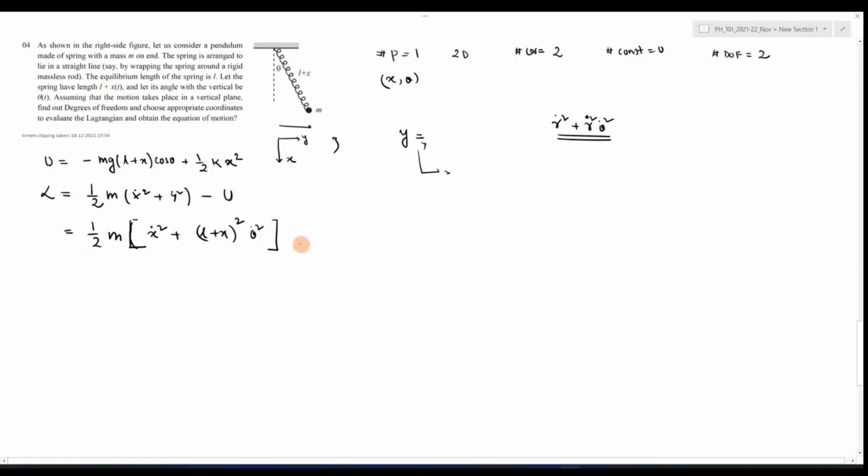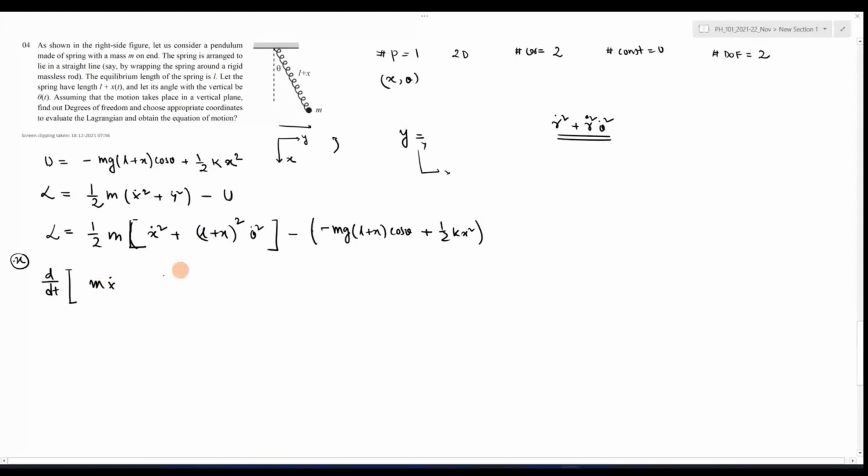Okay. So next, you will simply write minus mg (L plus x) cos theta plus half kx square. Once you have this Lagrangian, the rest of the part is simple again, same thing. d/dt of dL/d x dot, let us write for x, will give us m x dot.